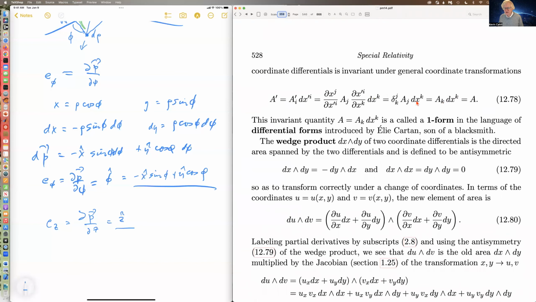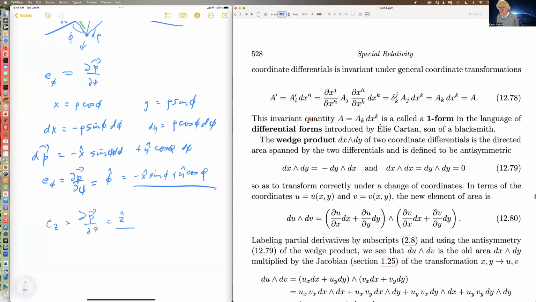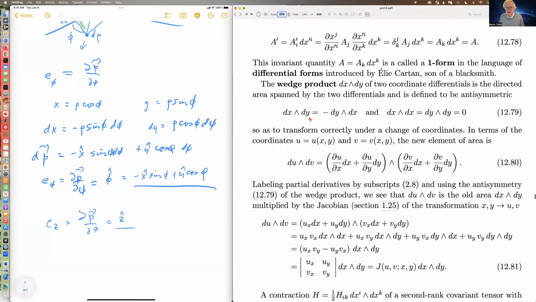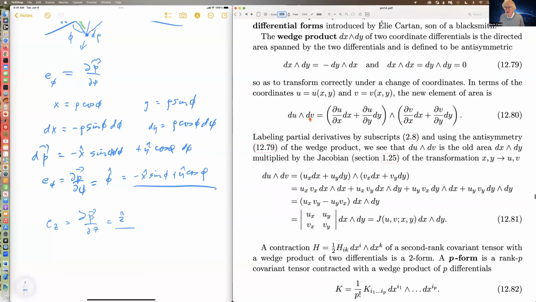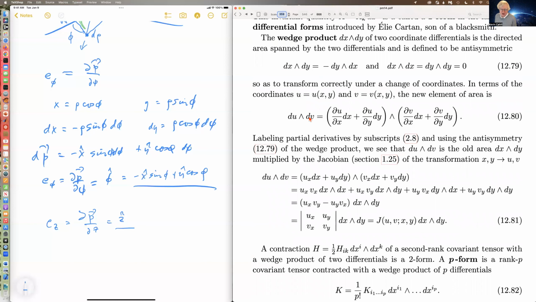So this idea of a form was introduced by Cartan, who actually was the son of a blacksmith. So he was not one of the aristocrats, but on the other hand, he was the smartest man in France at the time.